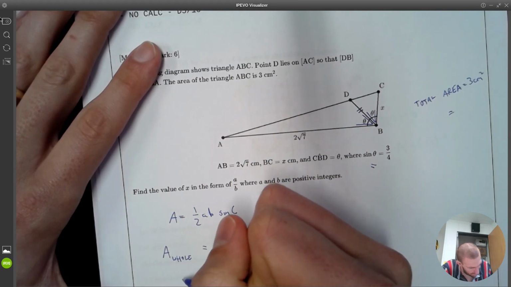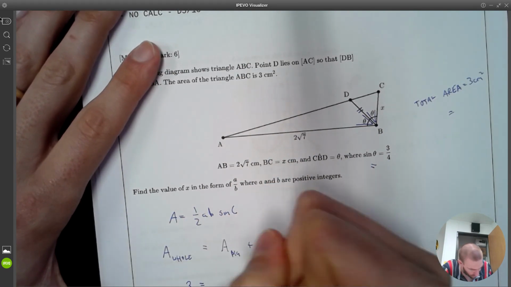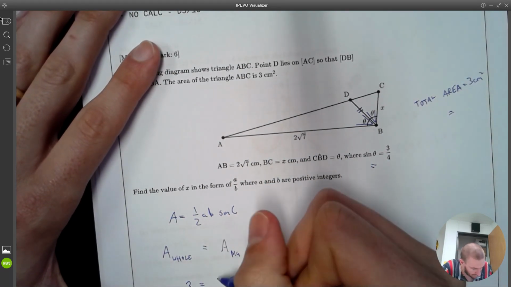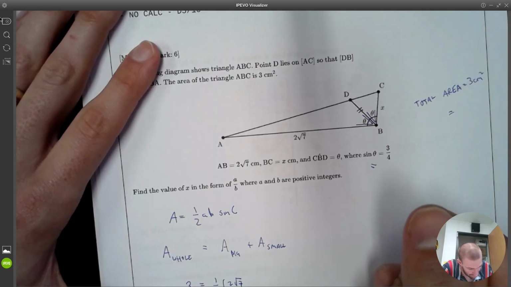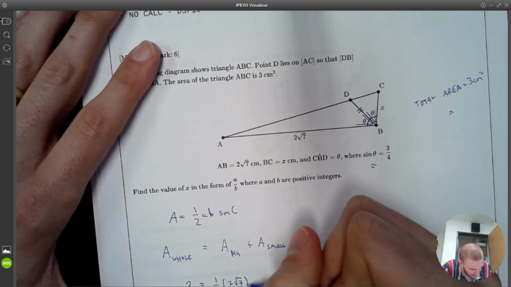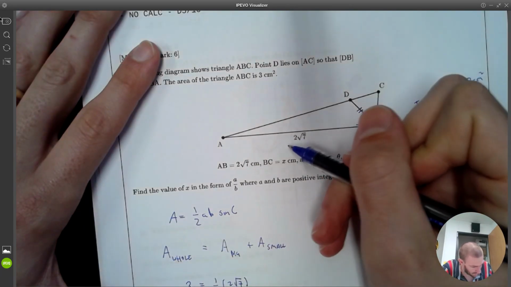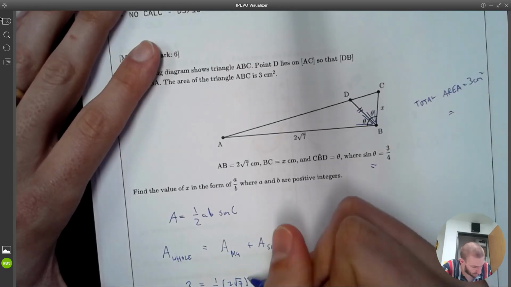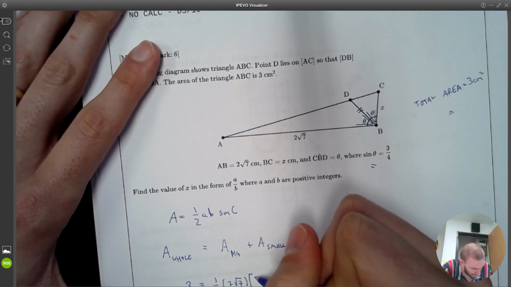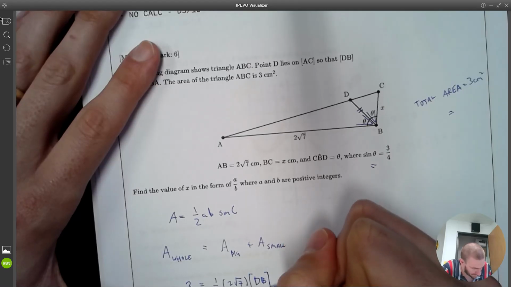I can say that the area of the whole is 3, that the area of the big is 1/2 2 square root 7 AB sine C. And now this is what I don't know. I don't know this. DB.